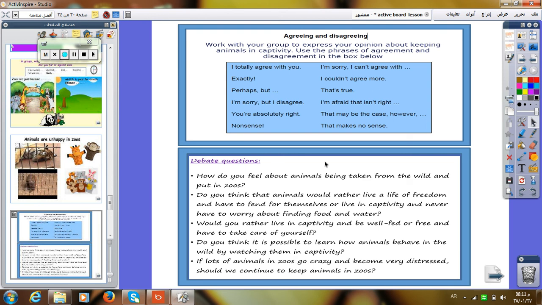They are going to use the phrases of agreement and disagreement in the box below as they discuss and express their opinions. Students are given these 2 cards to make their debate using the questions and expressions.